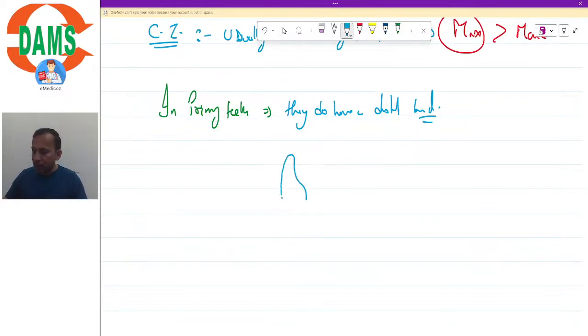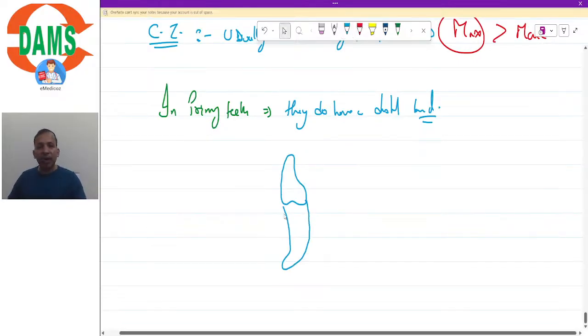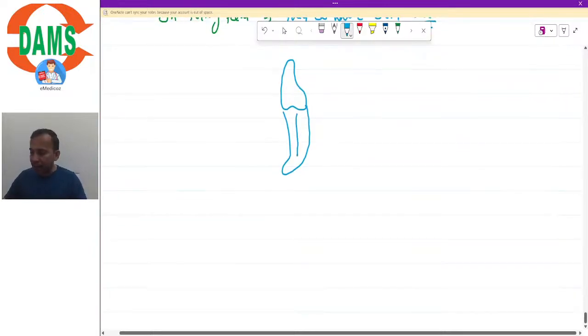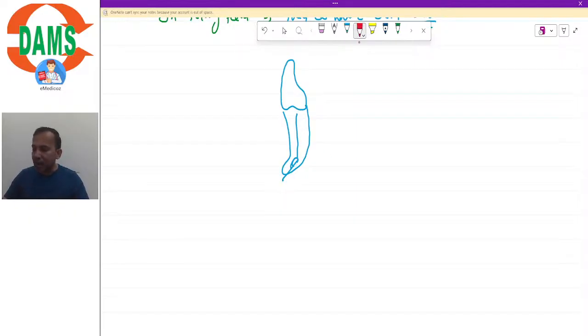So let's say this is the primary tooth. Then in case of a primary tooth, what you will notice is that the apex is slightly bent facially. And how much is this bend? It bends by a 10-degree angle. तो अगर आप इस long axis को project करें तो ये जो angle होगा with the long axis, it is somewhere around 10 degrees, right? So it bends by 10 degrees in the facial direction.